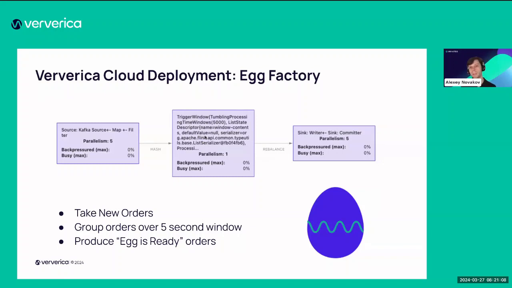So there we simulate that we need some time to prepare the egg, which was requested by a child. And then we sink that right back to the topic with a different status. So there is a 5-second window that is used to produce these eggs and then send them further. So this is quite a simple job. You can see also this is a print screen from the Ververica UI showing the Flink job graph.